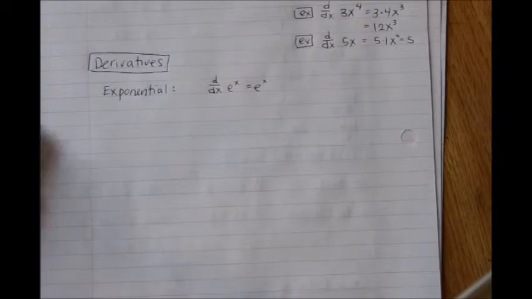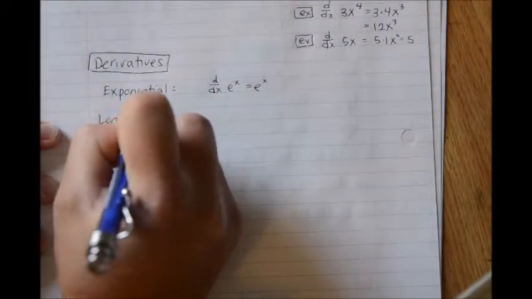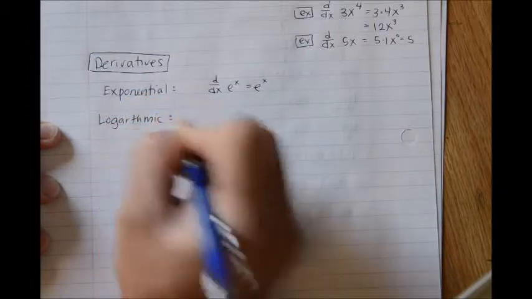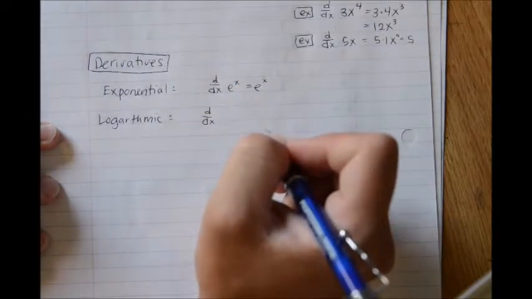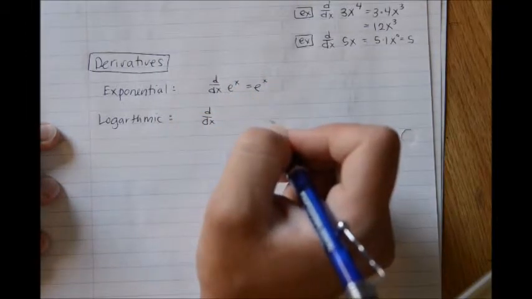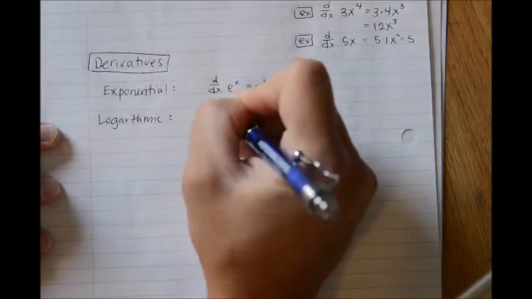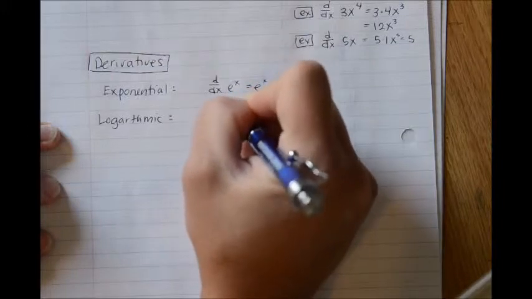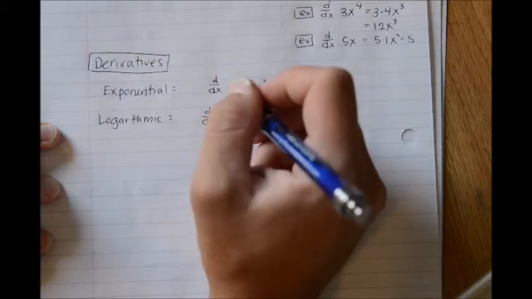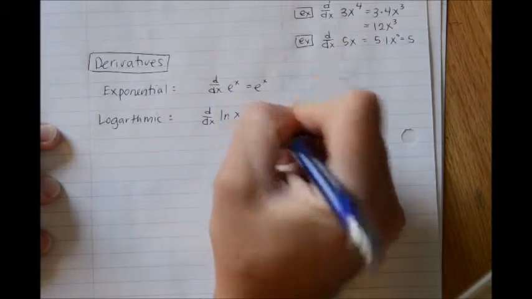Okay, another one is logarithmic. So you'll want to make flashcards of all of these. The derivative of natural log of x is equal to 1 over x.